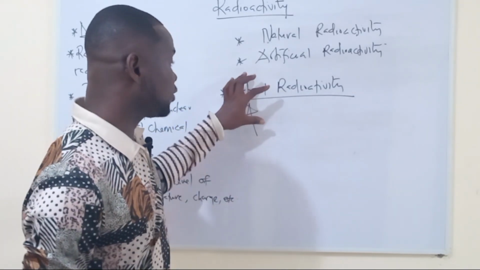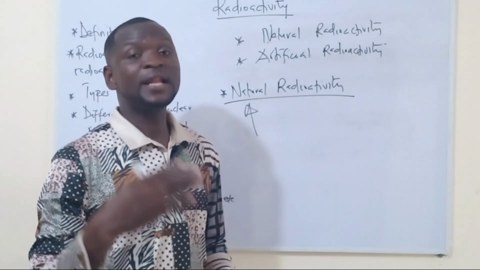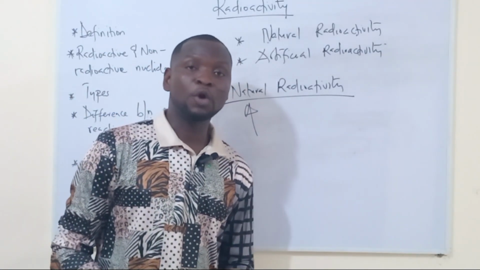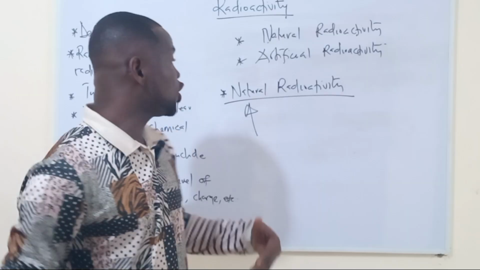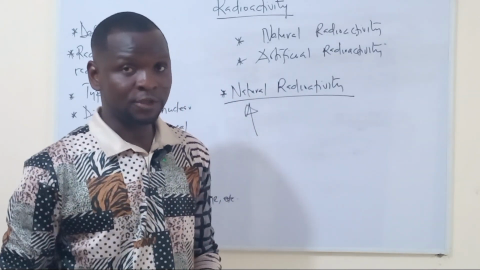We consider that particular type of disintegration natural radioactivity. So we can say that natural radioactivity is the spontaneous disintegration of an unstable atomic nuclide into other nuclei, accompanied by the emission of radiations and energy.